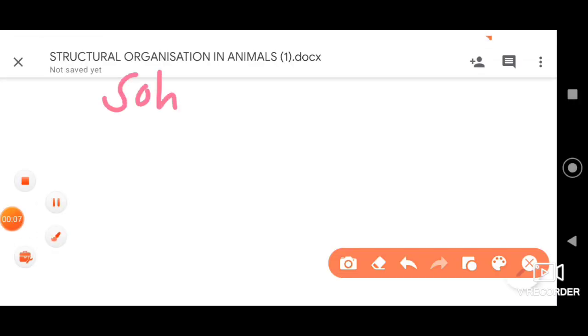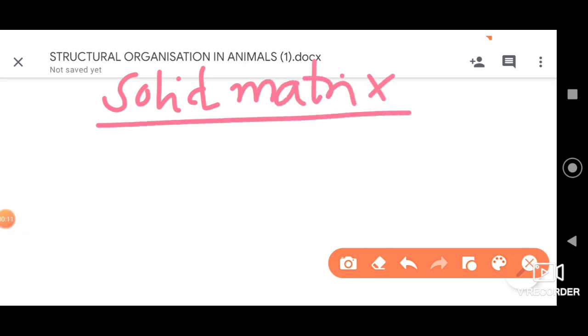Next, moving ahead, let me tell you about the solid matrix of the bone. Why do I say solid matrix? Because it is made up of the calcium components, calcium phosphate, calcium carbonate, and also certain proteins like ossein and the collagen fibers.